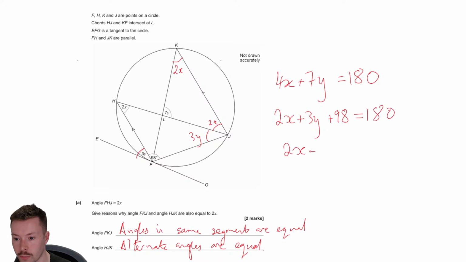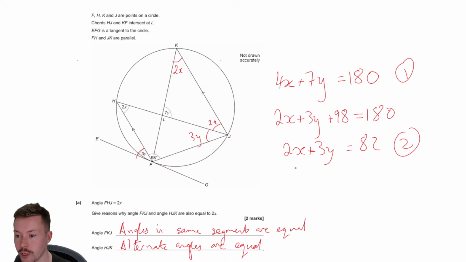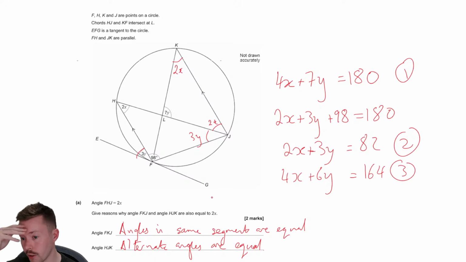So 2x plus 3y is equal to 82. This is equation 1, this is equation 2. So I'm going to double equation 2. I'm going to get 4x plus 6y is equal to 164. That's equation 3. I'm then going to do equation 1 take away equation 3. That's going to give us 1y is equal to 16.